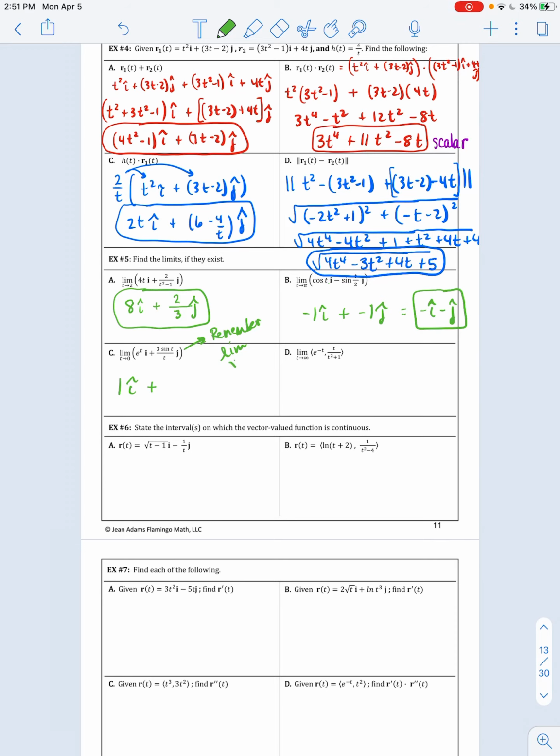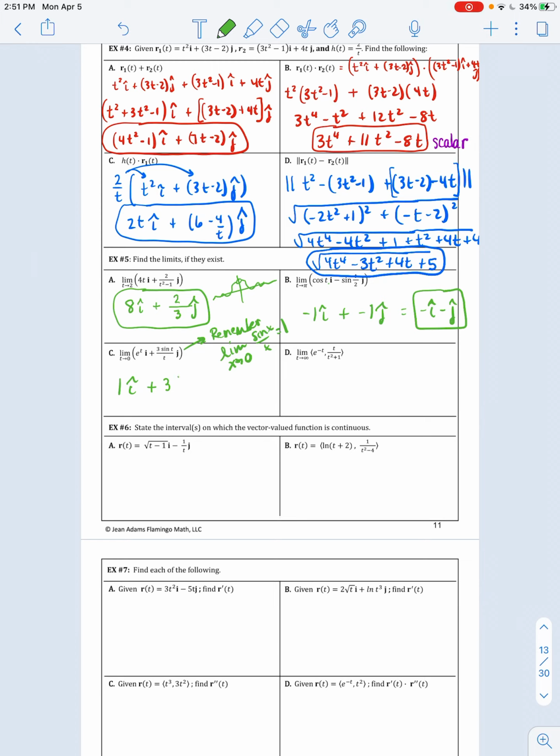Do you guys remember the limit as x approaches 0 of sine x over x being 1? It was this function that looked like this. It had an open circle here, but the limit was 1 as you approach 0. So that's what you're looking at.